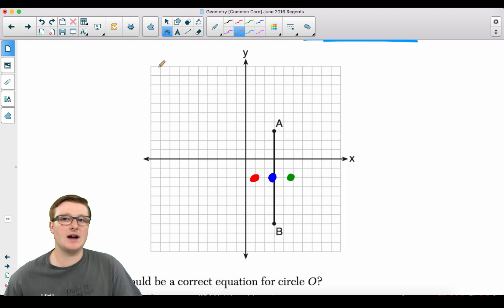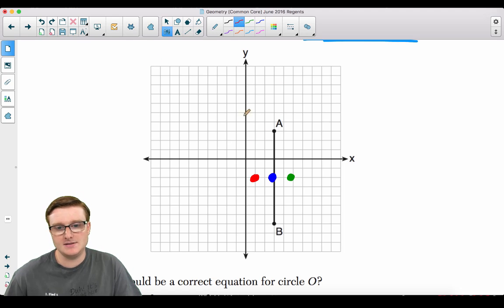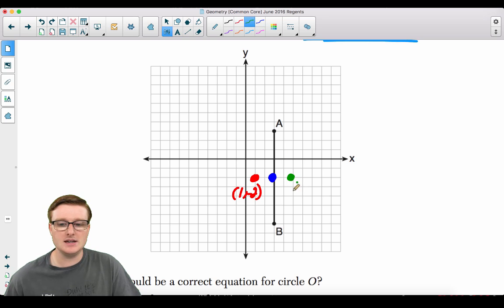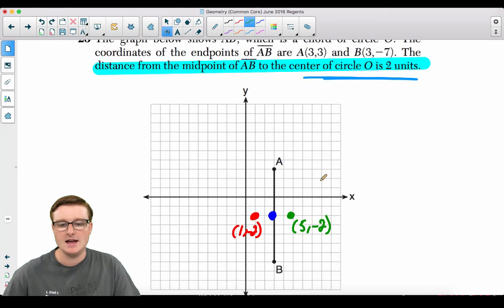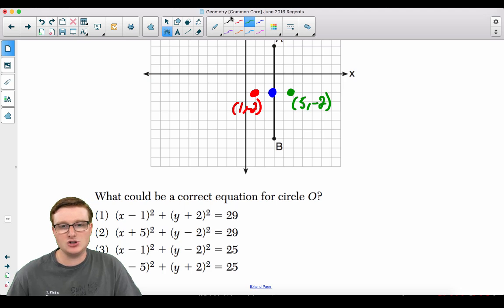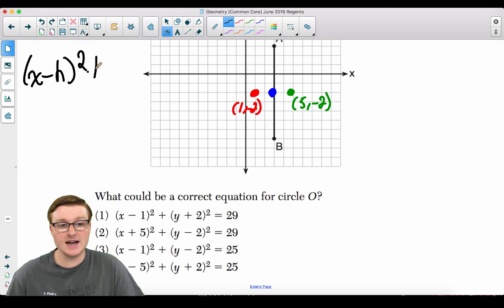So now it's down to the red or the green. Well, the red dot is (1, -2). The center of the green, that's 1, 2, 3, 4, 5, down 1, 2. So that's (5, -2). Now if we go down to our answer choices, and we remember that the center-radius form of a circle is (x minus h) squared plus (y minus k) squared equals r squared.